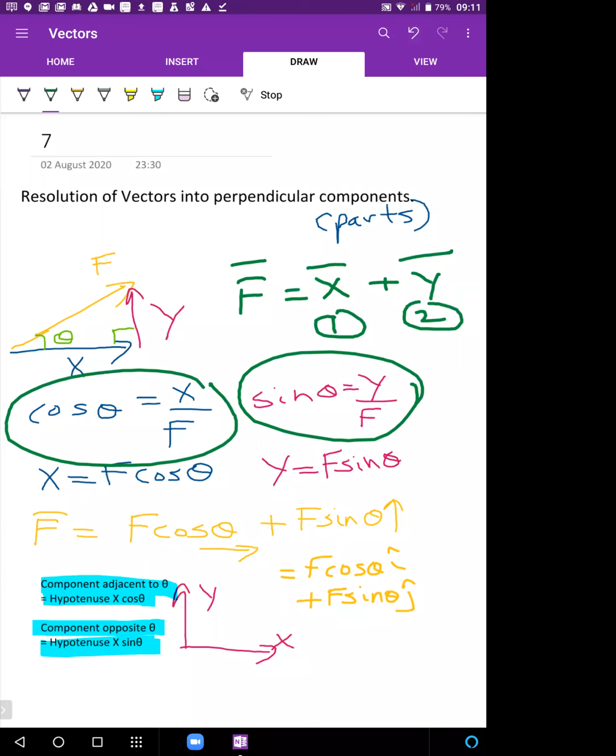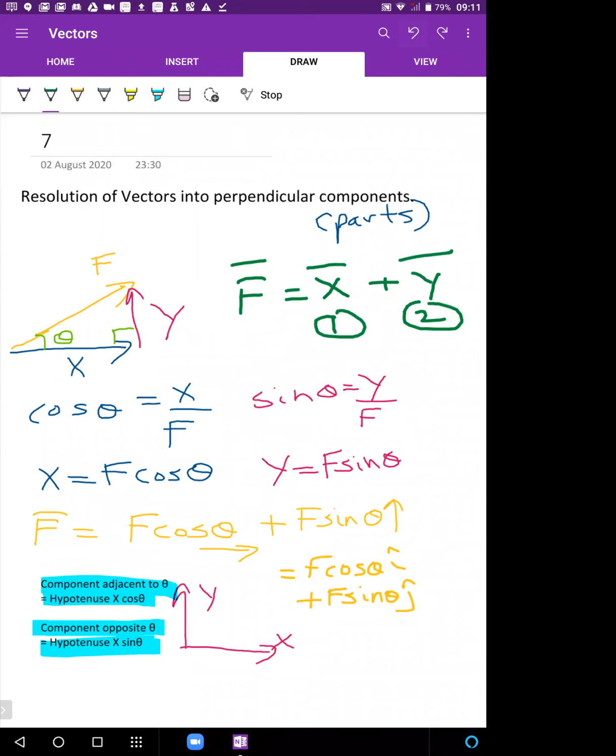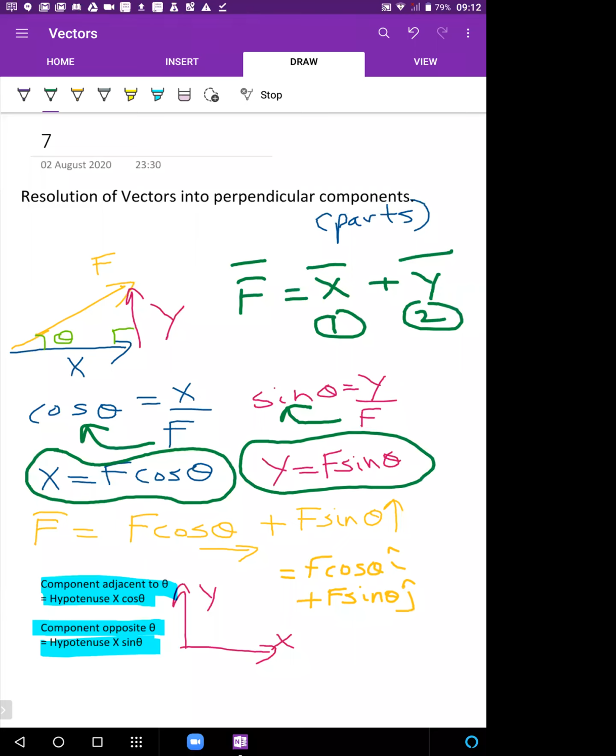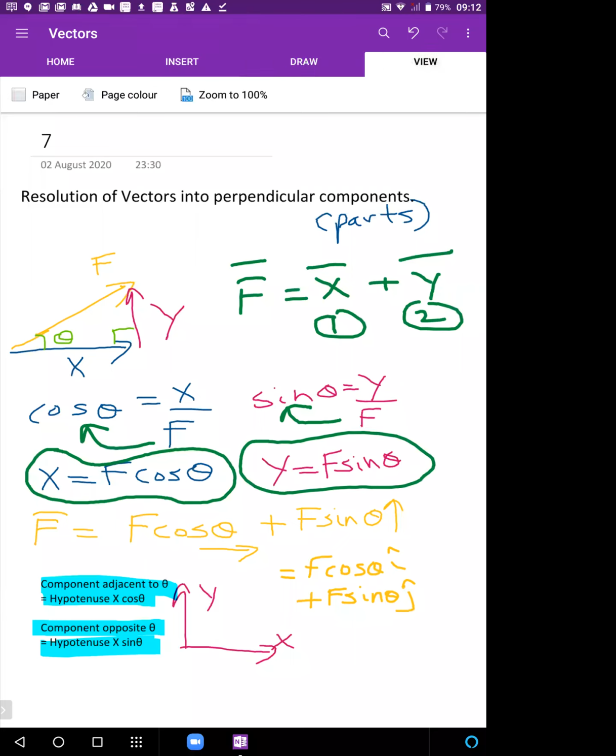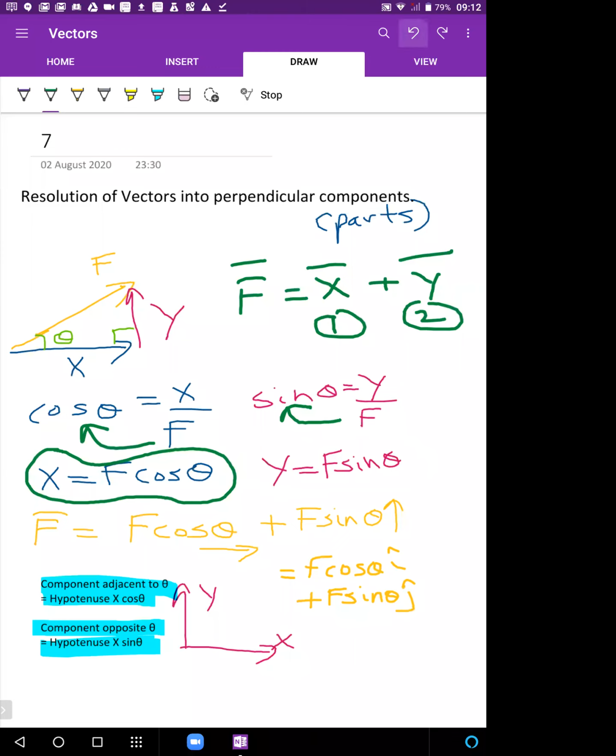Cos theta is x by f, sin theta is y by f. उससे देखो क्या मिल रहा है. उससे x का वैल्यू मिल जाएगा, y का वैल्यू मिल जाएगा. So if you look at this carefully, x becomes f cos theta in this case, y becomes f sin theta in this case. है ना? X has become f cos theta, y has become f sin theta.